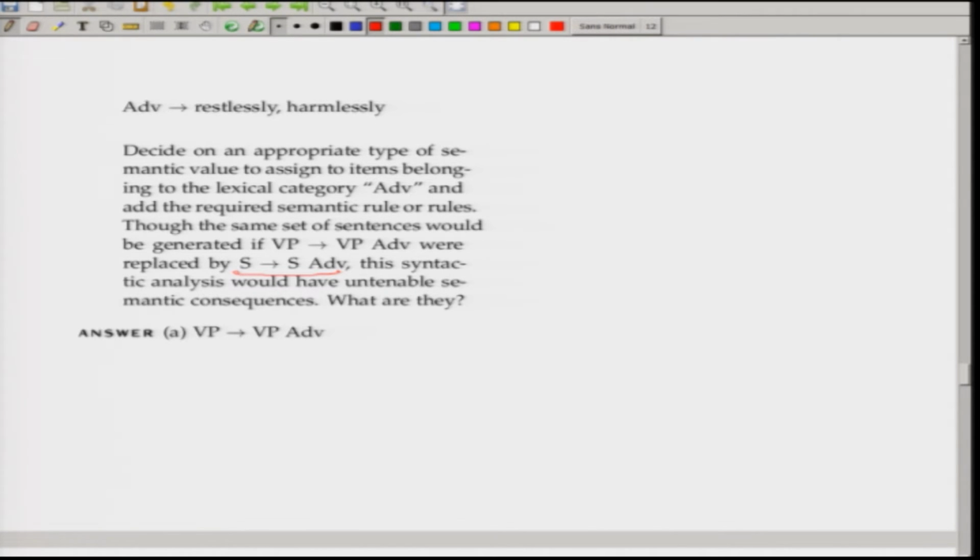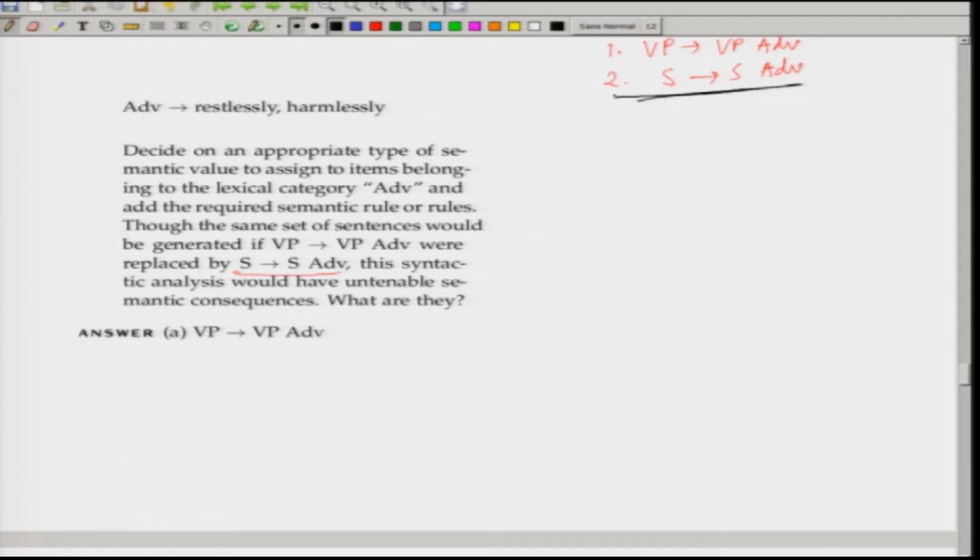One option is VP goes to VP ADV. Another option is S goes to S ADV. The book claims that the second option is a bad option. Why does the book claim that? The book wants us to find the reasons for claiming that this is a bad rule.